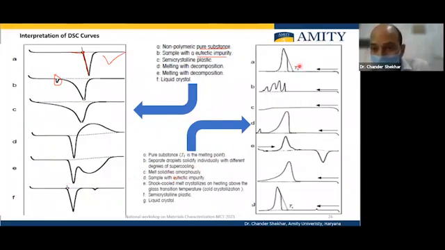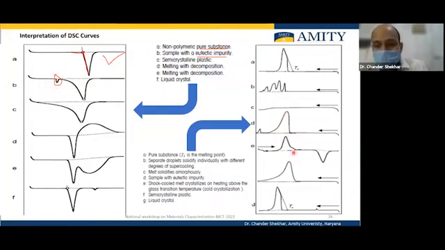In the cooling curves, for example, if we have pure substances with a low melting point, or supercooled liquid or droplets that solidify at different times, we have very closely packed peaks. Or if we have cooling of the eutectic impurity, we can see exactly the reverse of what we have on the left, curve B on the left-hand side.